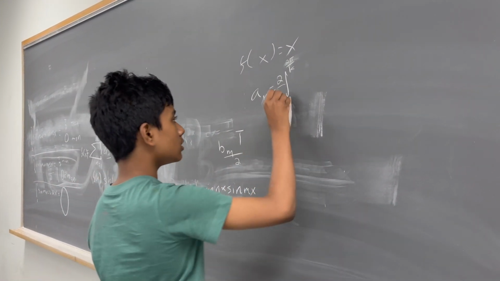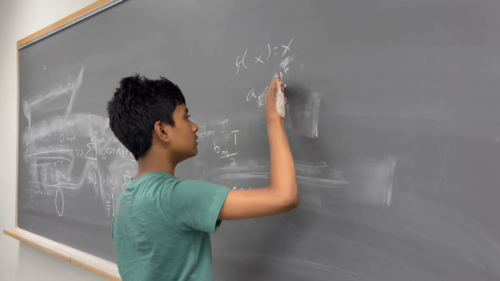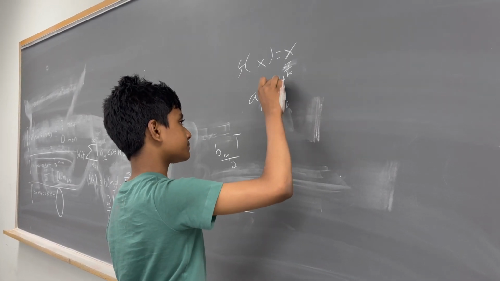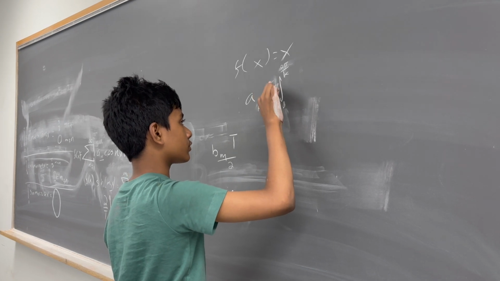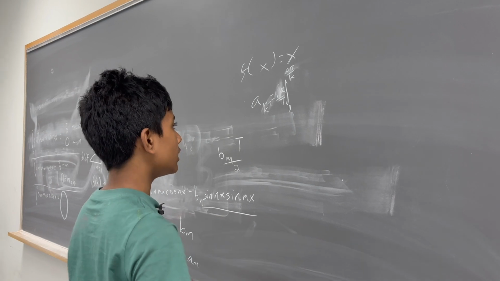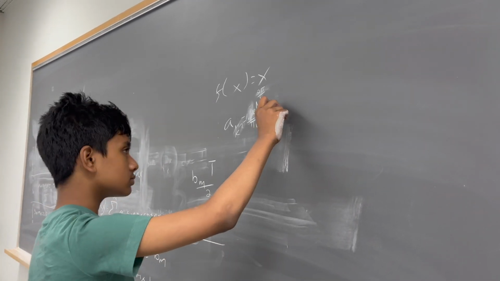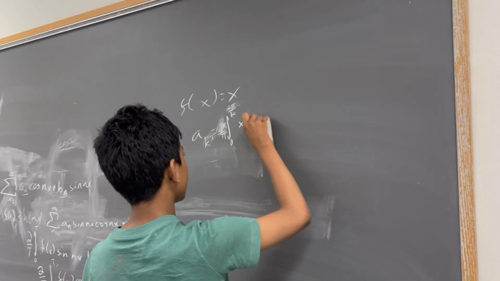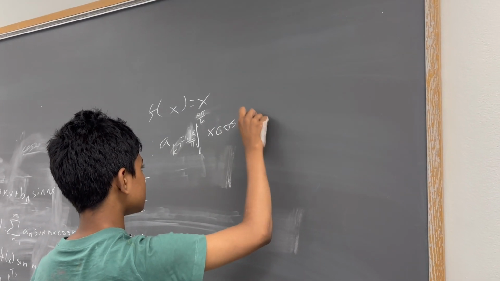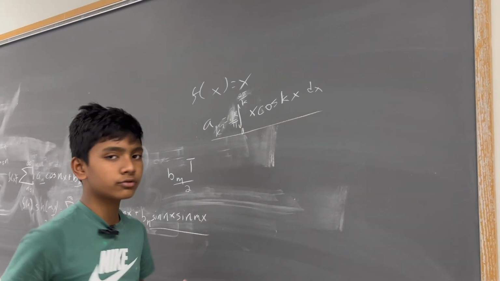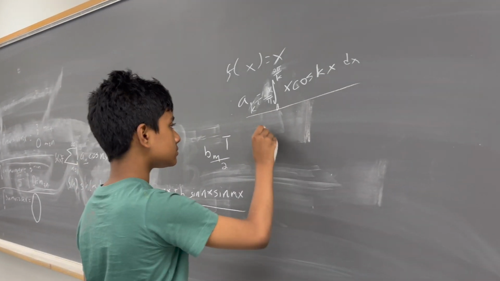So we have 2 over 2 pi over k, which is just 2k over 2 pi, or k over pi. K over pi times this integral of x cosine kx dx. Can we do this integral? Of course we can. It's just IBP.